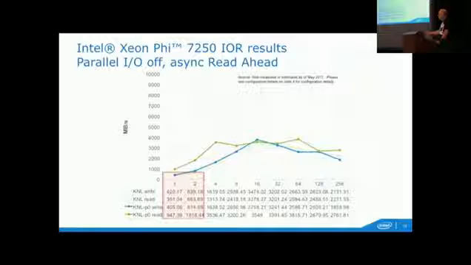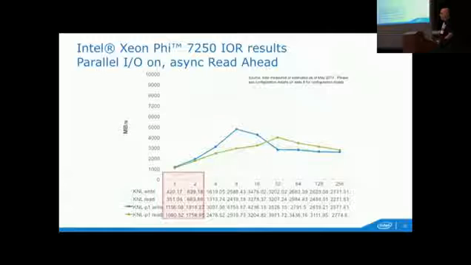Again, first of all, with parallelization off, only the asynchronous thread with read ahead helps significantly improve read operation. When I turn on parallelization, I get very good performance improvements for Xeon Phi systems.